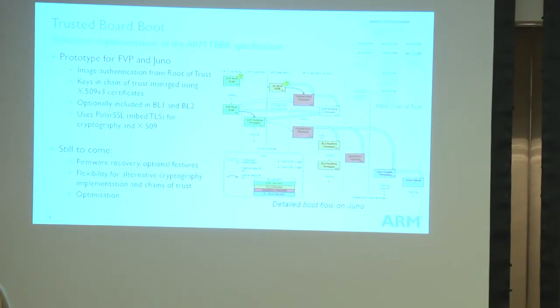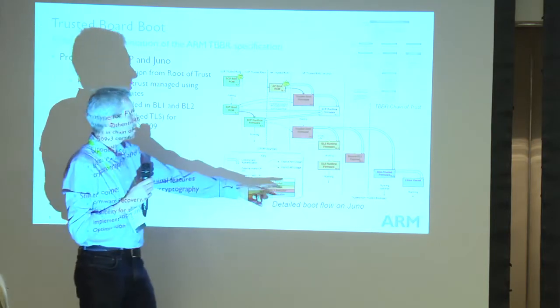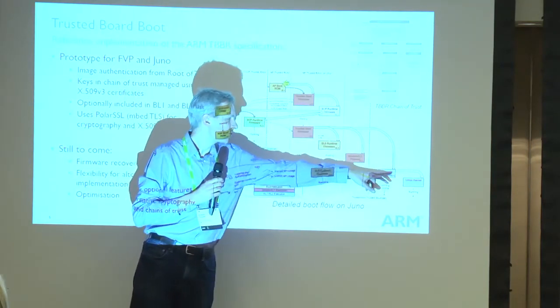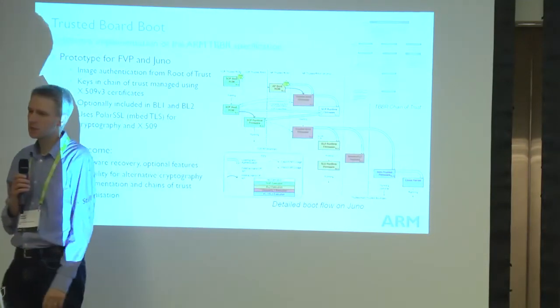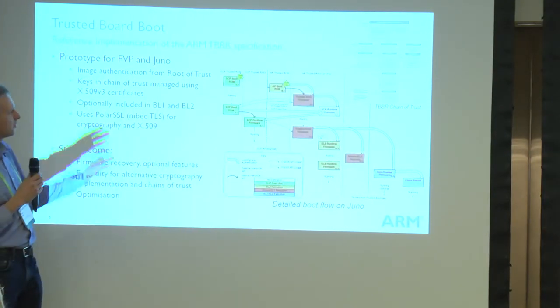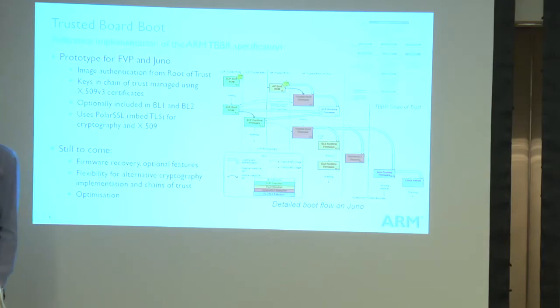So for trusted boot, UEFI must be signed as well? The expectation is that yes, this image, which is part of the firmware package, is also signed. Obviously you could decide, look, in my chain of trust, I'm not going to sign it. I'm only going to worry about authenticating the trusted firmware.